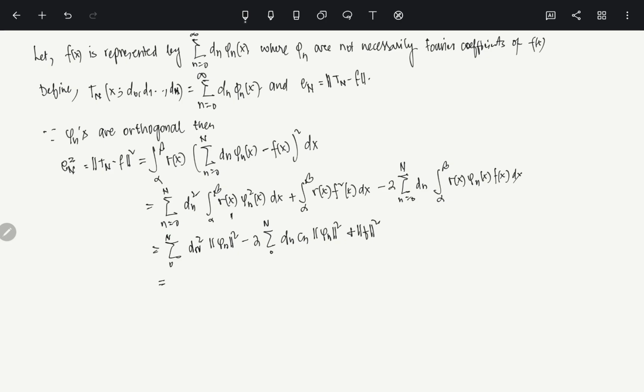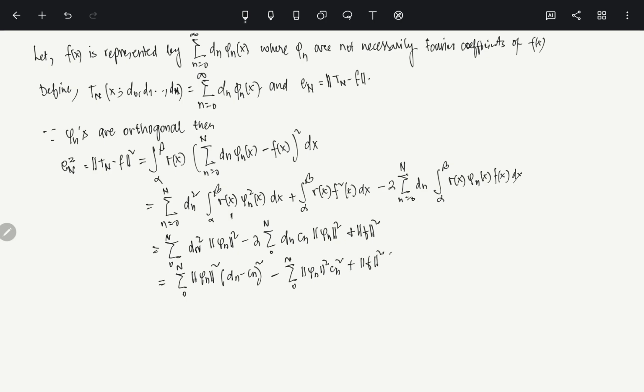So if this is true, you see I can write this as summation 0 to n norm of phi n square times dn minus cn square, minus the sum n equals 0 to n of norm phi n square cn square, plus norm f square.